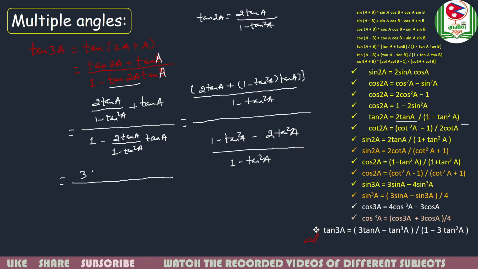So it is 3 tan a minus tan cube a divided by, this both is cancelled out, so the result is 1 minus, this one is minus tan square and this one is 2 tan square, so it is 1 minus 3 tan square a. So we have also verified this identity, that is 3 tan a minus tan cube a divided by 1 minus 3 tan square a.